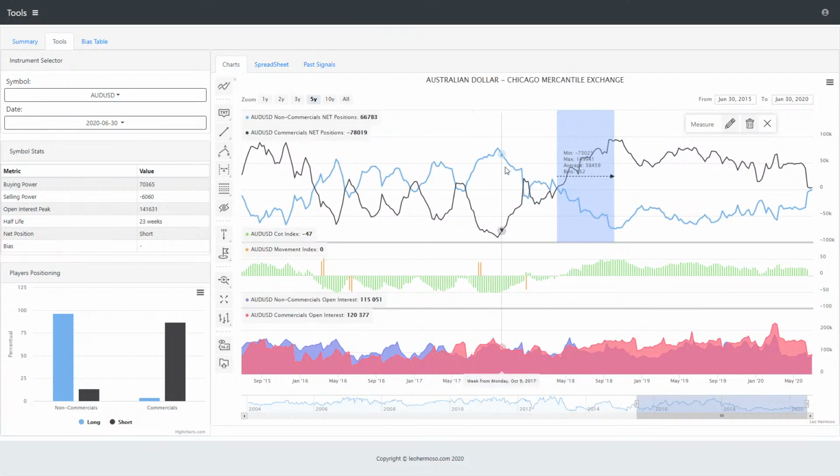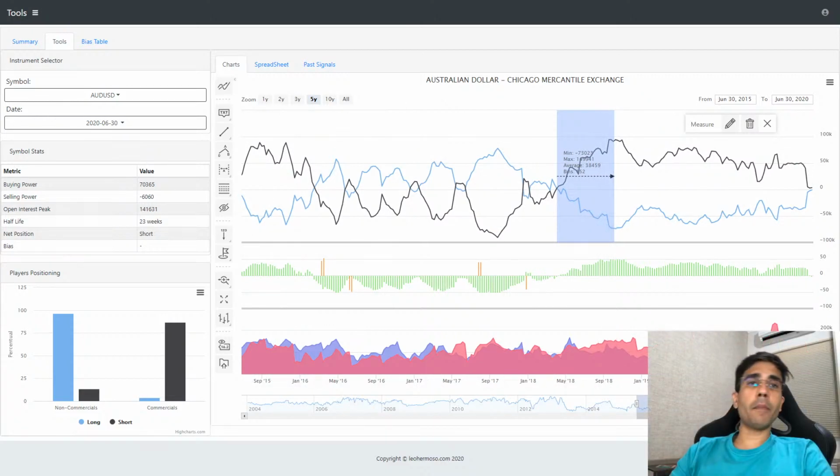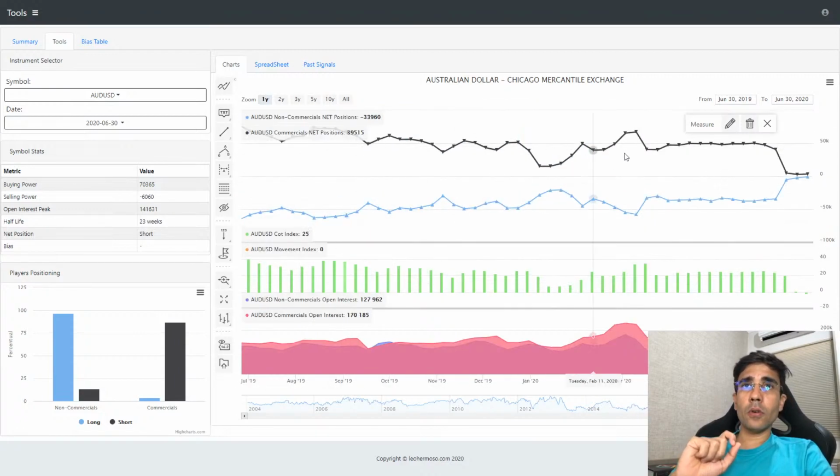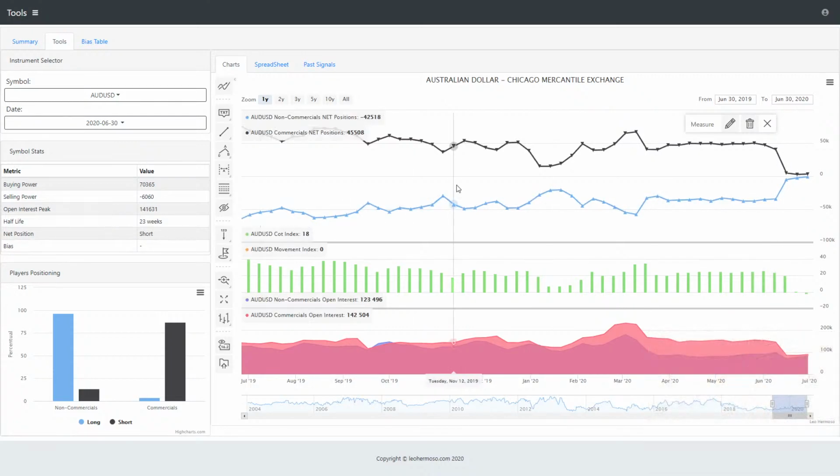As we discussed in the past, even big banks and big funds have a limited amount of money, and one time or another they have to take profits. Why do I think this is an easy trade? They were holding a short position for a long time, it was not changing, they were very comfortable with their position, and suddenly, boom, they closed the positions.